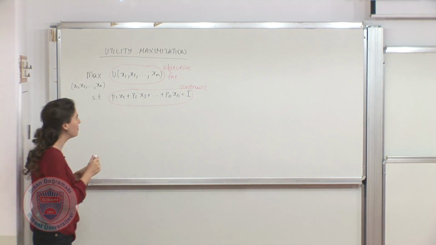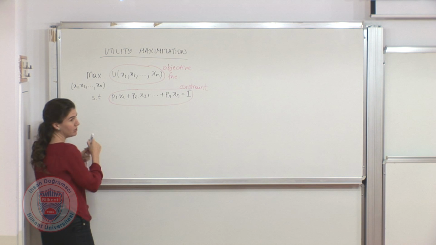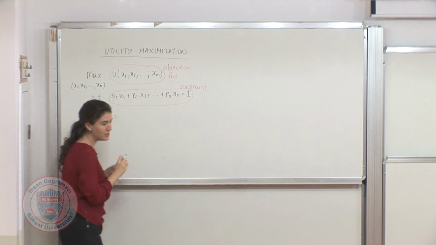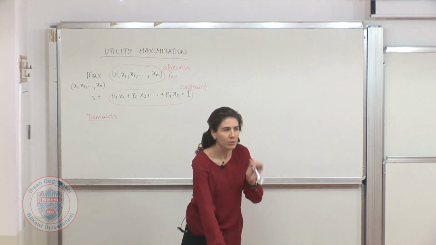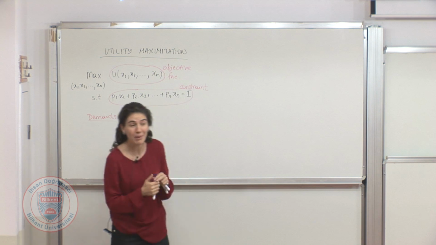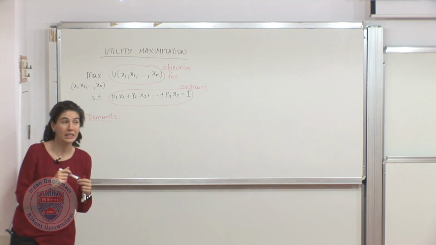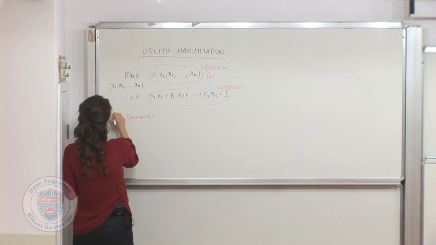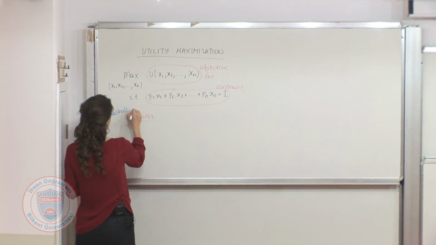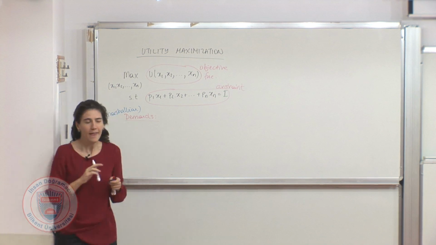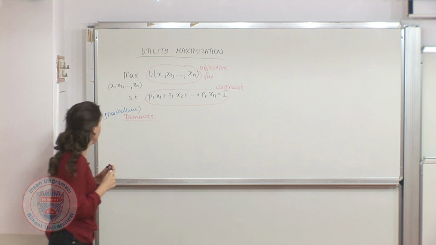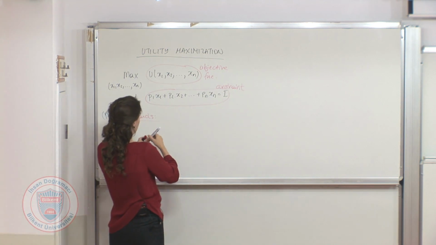So when we solve the problem, we got the demands, right? So let's call them demands. And you'll see that these demands, we'll come to this later, but these demands are called Marshallian demands, okay? You'll see why we need to make this kind of a distinction, okay? But these Marshallian demands were demands, right?